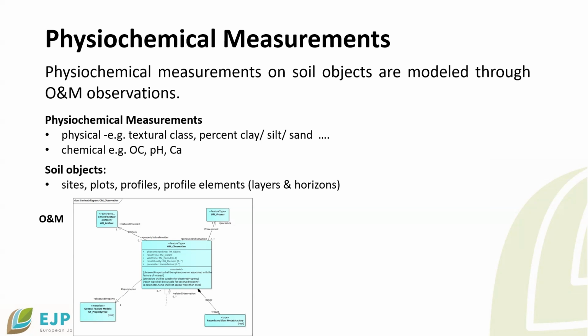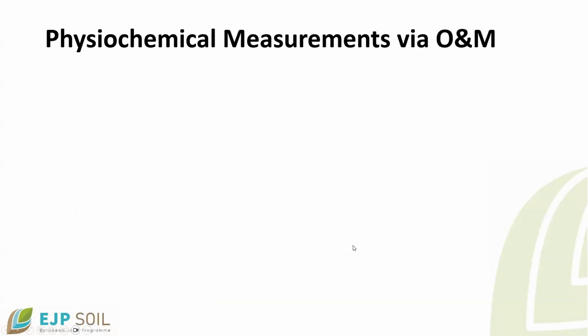Physiochemical measurements here means both physical, like the textural class, the percentage of clay, silt, and sand, and chemical, like the organic carbon and the pH. The soil objects are those we have seen in the previous workshop: the sites, soil plots, and soil profile elements, that is layers or horizons. The O&M has the structure that you see here in the picture, and I will illustrate it in this slide.